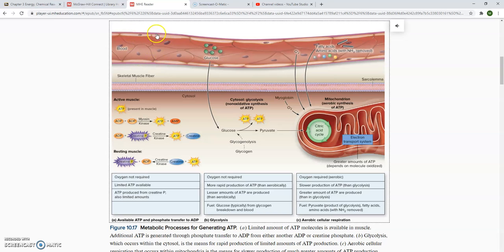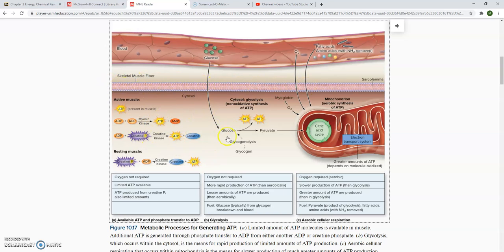So this up here is showing a blood vessel, and we're seeing the inside of the blood vessel here. It's kind of cut longitudinally. And so we can see some of the components that are inside the blood. And then we have our sarcolemma, which is here, the phospholipid bilayer.